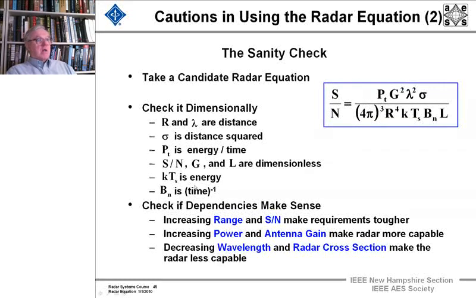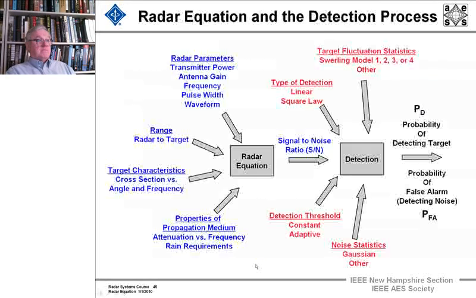See that they all cancel out. And then check that the dependencies make sense. That increasing the range and the signal-to-noise ratio make the requirements tougher. Increasing the power and the antenna gain makes the radar more capable, and if you drop the wavelength and the cross-section, the radar's less capable.